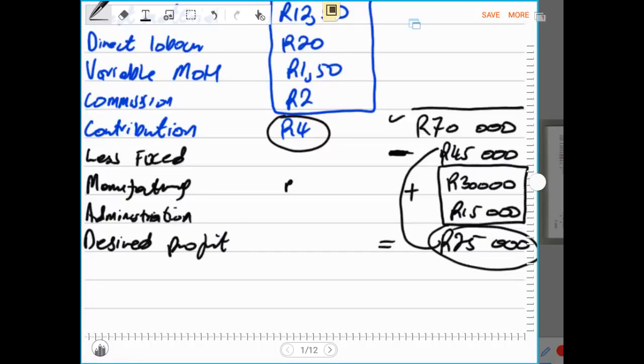But in this case, we are working things backwards in reverse. So now, because we are reversing, instead of saying 70 minus 45 is equal to 25, we say 25 because we don't know yet how much the contribution is. Therefore, now we say desired profit from the owner plus fixed cost. Therefore, now this will give us the 70,000 of the contribution in total.